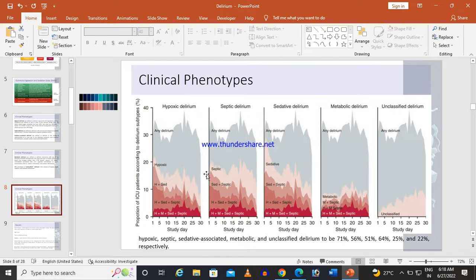From various clinical studies with detailed data, it was grossly observed that the hypoxic, septic, sedative associated, metabolic and unclassified deliriums percentage-wise are 71%, 56%, 51%, 64%, 25% and 22% respectively.